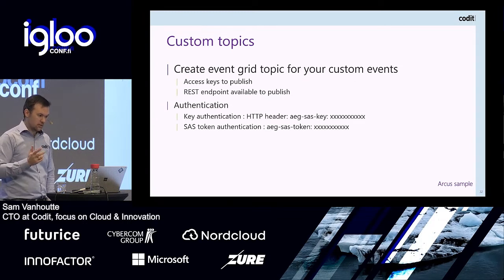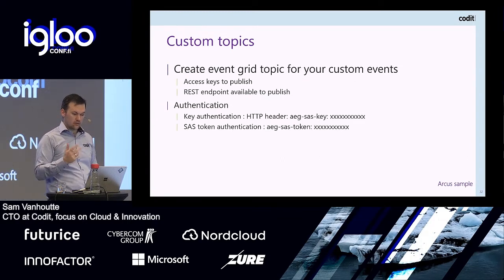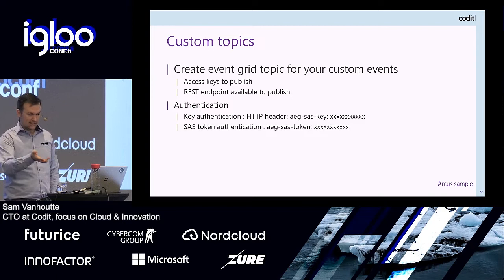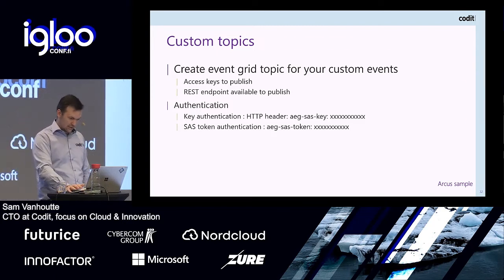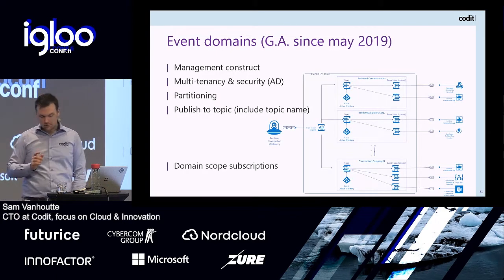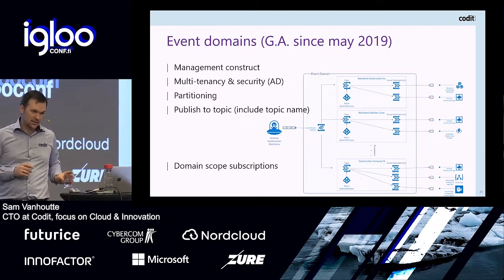So to publish topics, you have, of course, the SaaS key and the SaaS token possibilities for authentication. And what is also being added is event domains, and that's a special one.